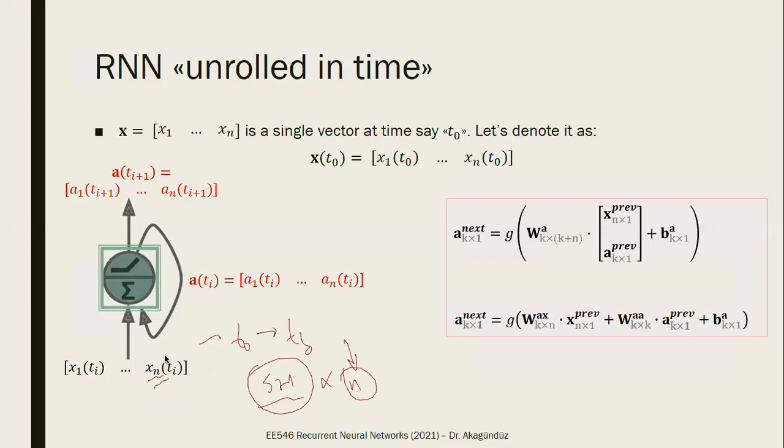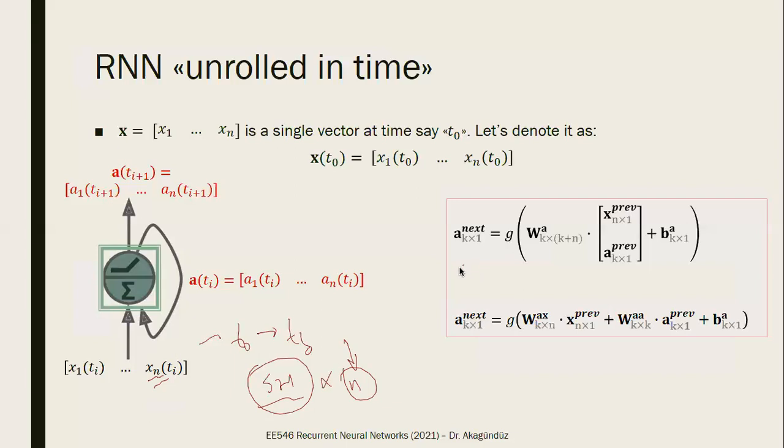Each time I'm feeding an input, I'm feeding a single n vector, a single instance of my sequence dimension. It's like the ti instant being fed, and I'm taking the ti plus 1 hidden states using the ti hidden states being fed backwards. That's the idea, guys.